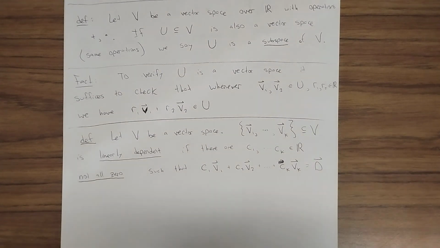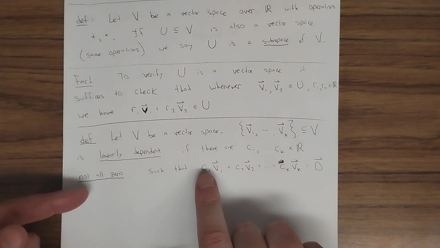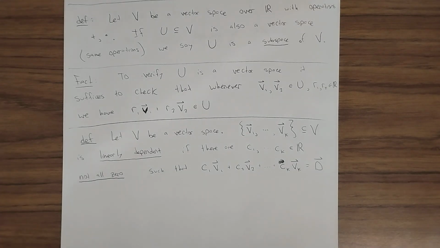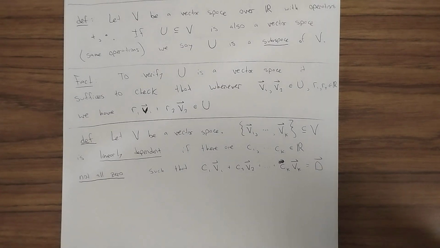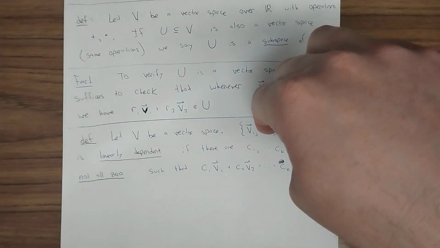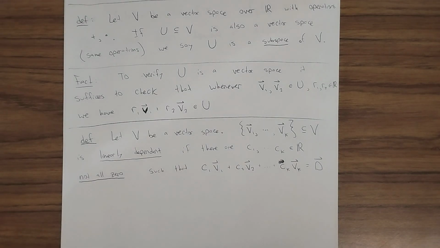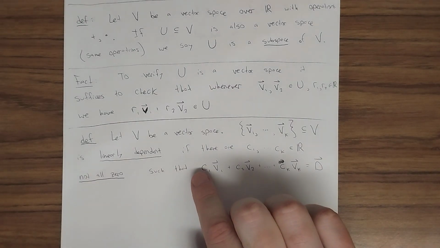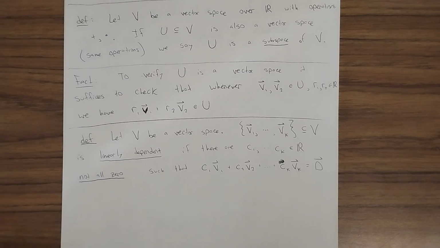What we're interested in is, is it possible for some of them to not be 0? That's a more interesting question. And we say that the set of vectors is linearly dependent if it is possible to find these numbers c, not all 0, that satisfies this.